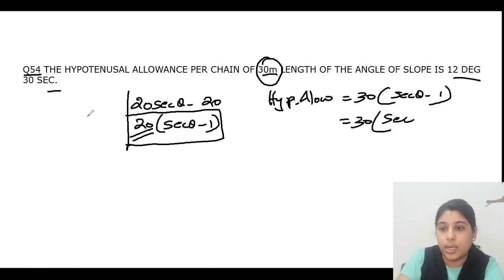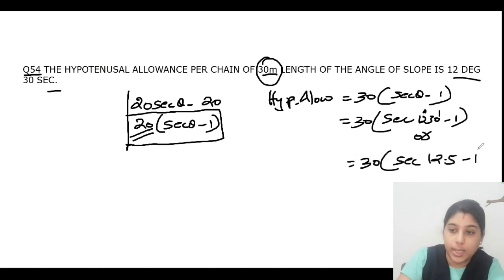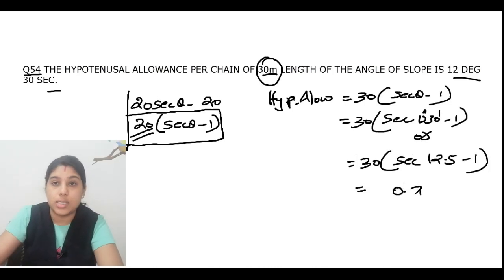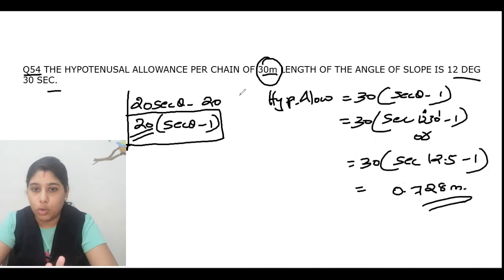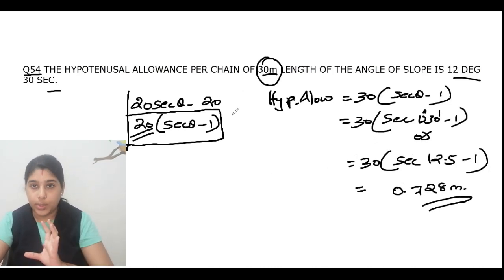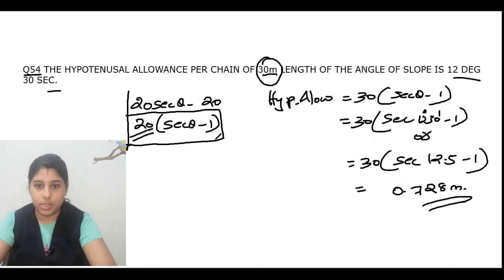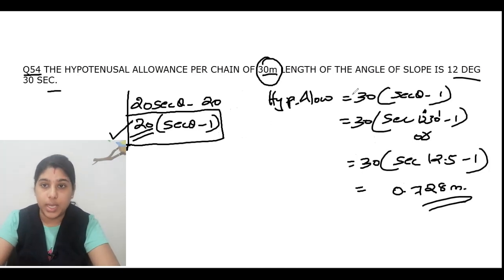Either you can substitute 12 degree 30 second in the calculator, or you can substitute 12.5; both will give the same answer, 0.728 meters. So this is an easy way of solving. In the first question we didn't need so many steps, but I gave the whole derivation to show how that equation came. So 20 into sec theta minus 1, and here 30 into sec theta minus 1. It is very easy.